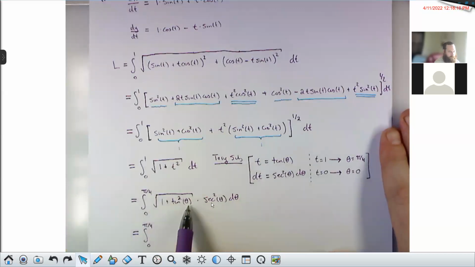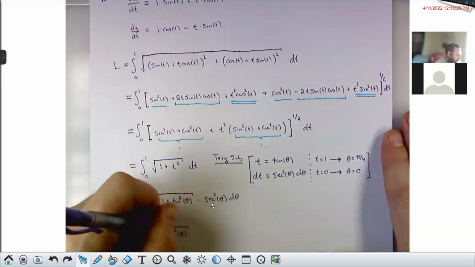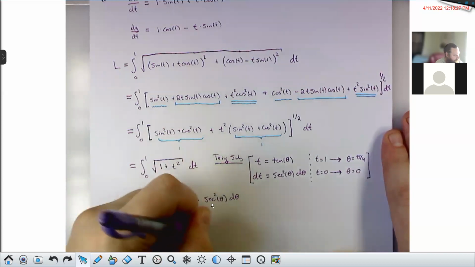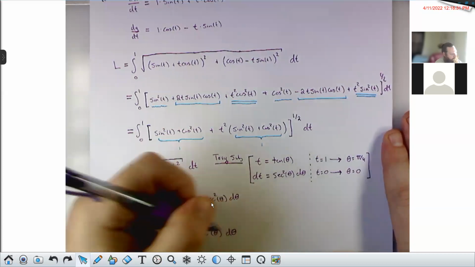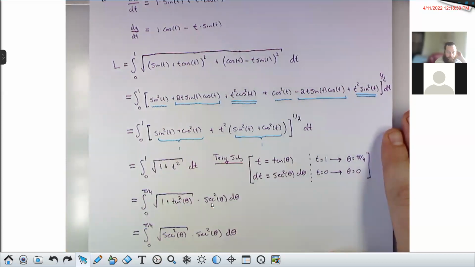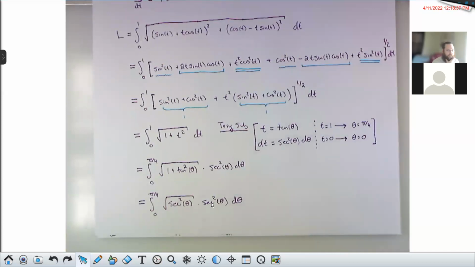One plus tangent squared is secant squared. So I have the square root of secant squared theta times secant squared theta d theta now. And your spidey senses might be tingling.